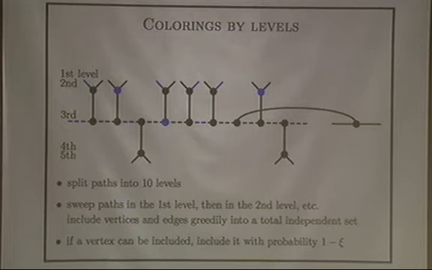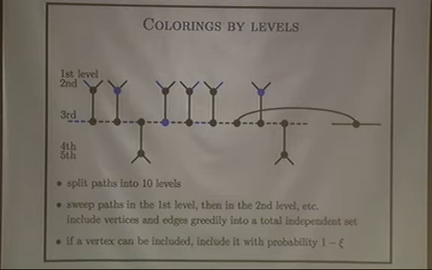So one would think that, okay, now it depends on the order of the paths on the third level. But in order to minimize the number of dependencies between different events, if my mate is on the same level as I am, I will always consider it as being in the total independent set. So I am not going to include this vertex in the total independent set because I don't want to have dependencies between the paths on the same level.